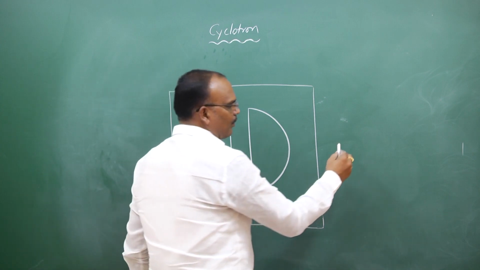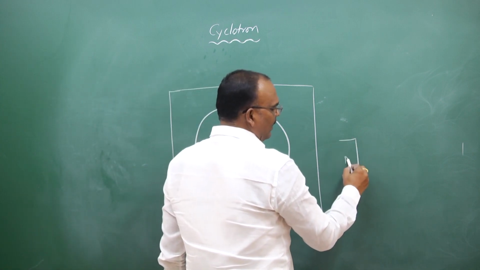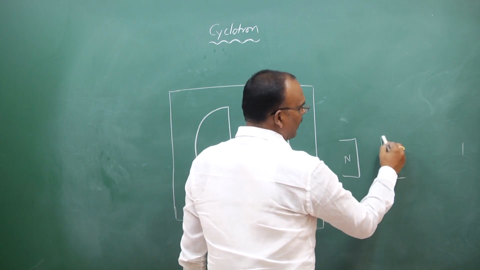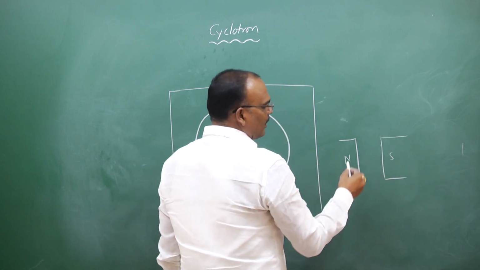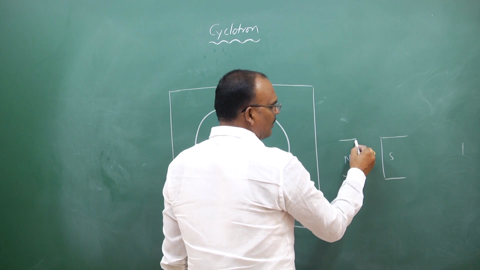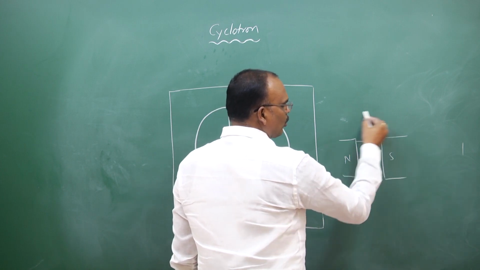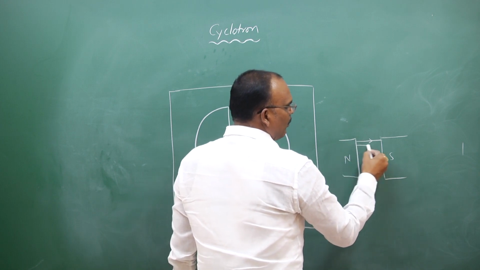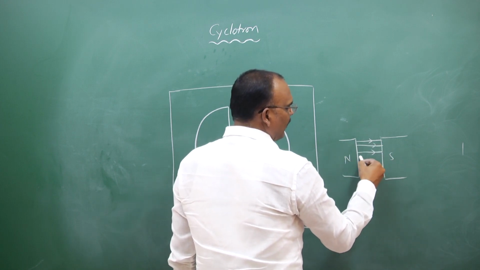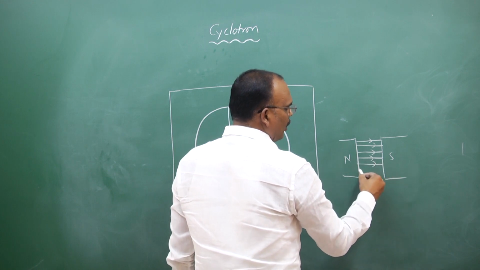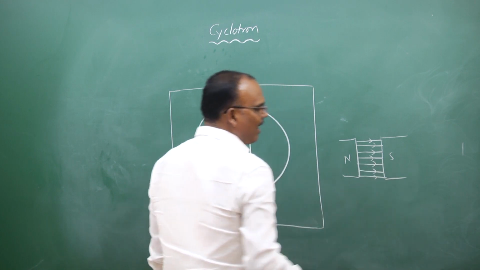Whenever the north pole and south pole are placed like this, the magnetic field lines go from north to south outside the magnet, south to north inside the magnet, and between the poles the magnetic field is uniform. A uniform magnetic field will develop.